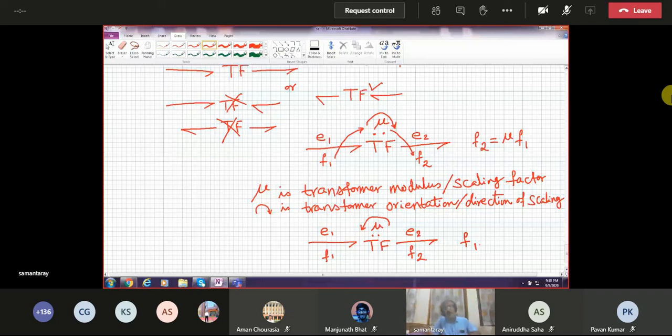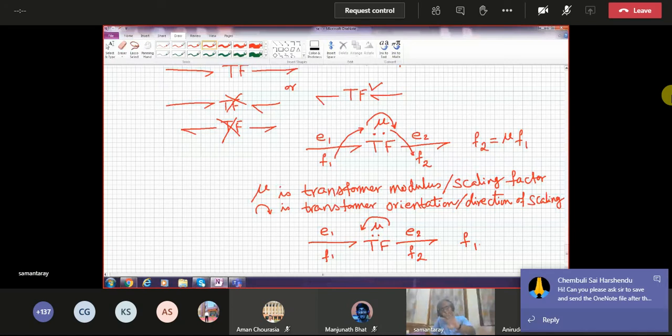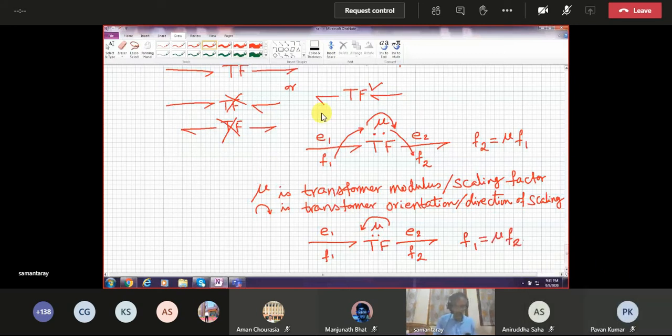So the arrow above that mu gives the direction in which velocities or flows are scaled, and the scaling factor is specified by this modulus mu.